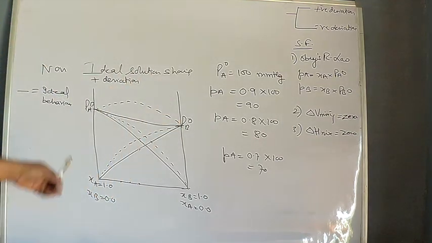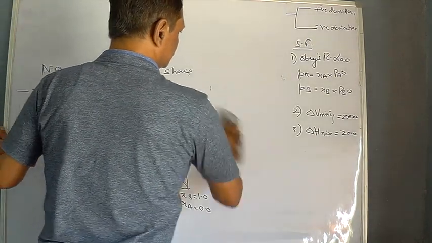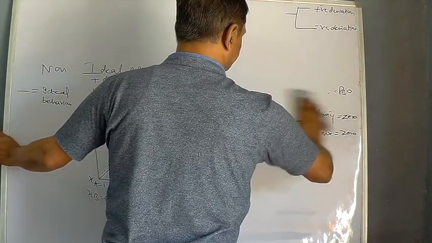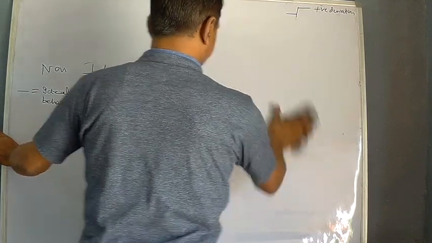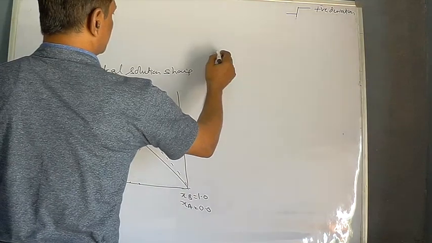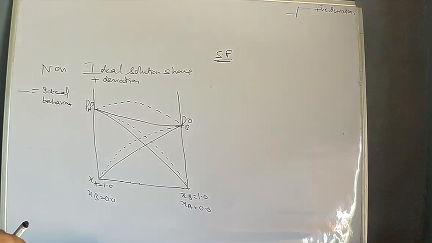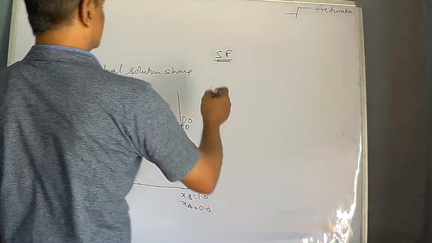So class, this is the curve for non-ideal solution showing positive deviation. What are the salient features here? As you know very well, it is non-ideal solution. They will never follow Raoult's law. What is the condition over here? Let us see.